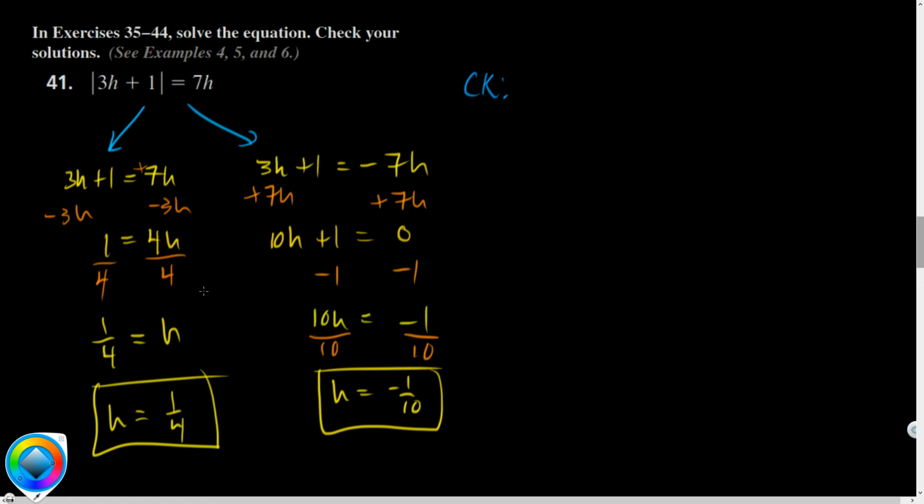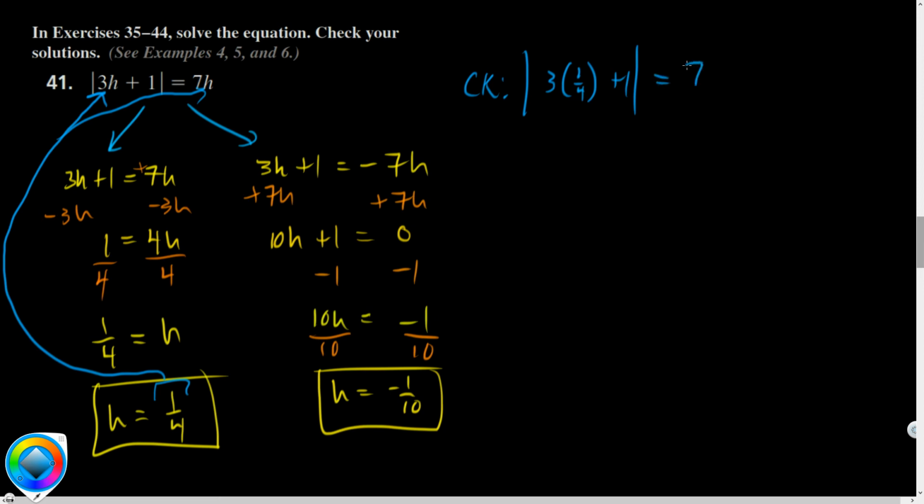Yeah, let's find out what happens here. If I plug a quarter, oh my goodness, this is awful. If I plug a fourth into these, I apologize for the fraction work. 3 times a fourth plus 1, is that going to equal 7 times a fourth? So that's going to be abs-val of 3/4 plus 1.